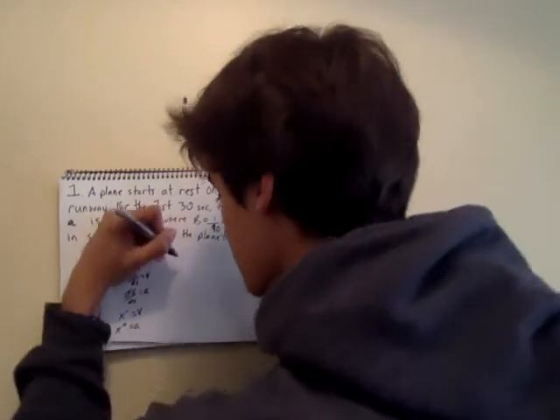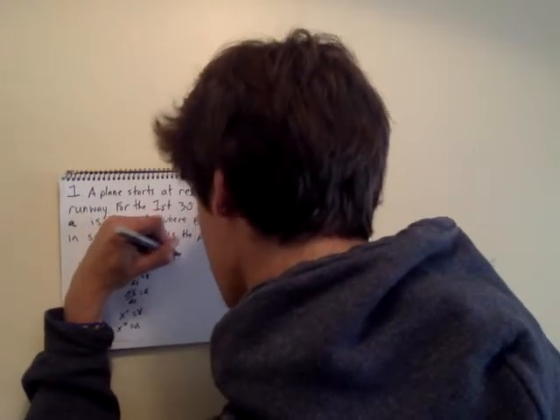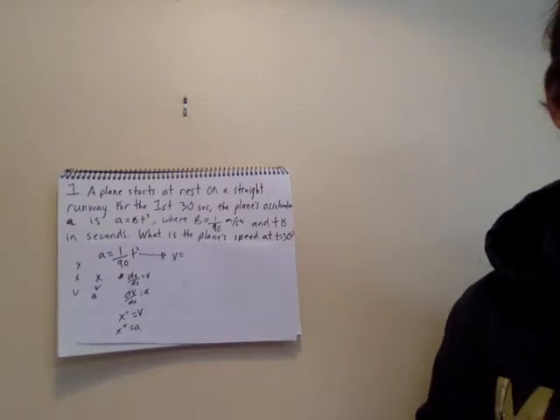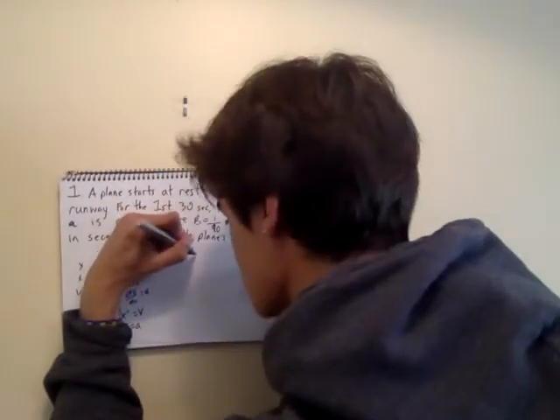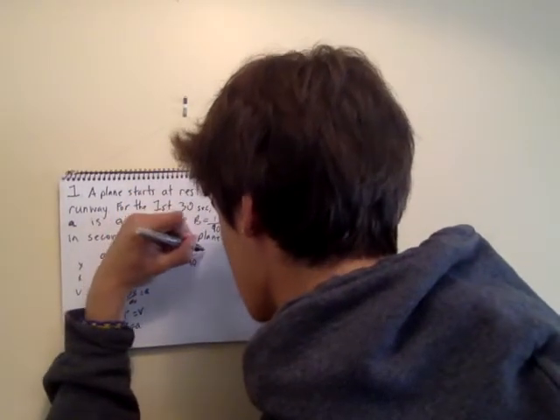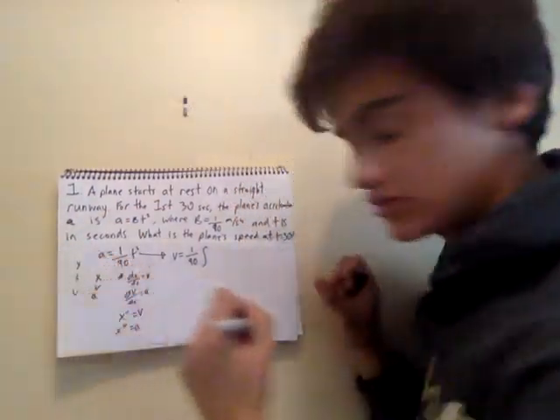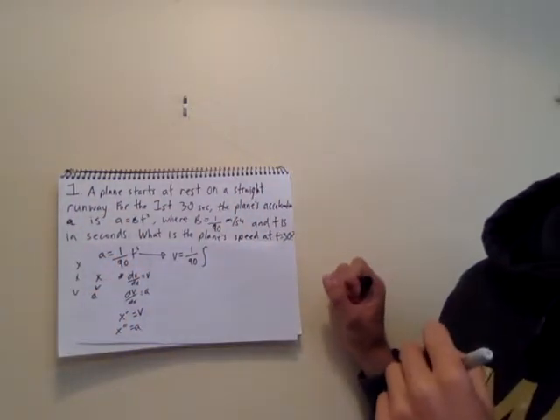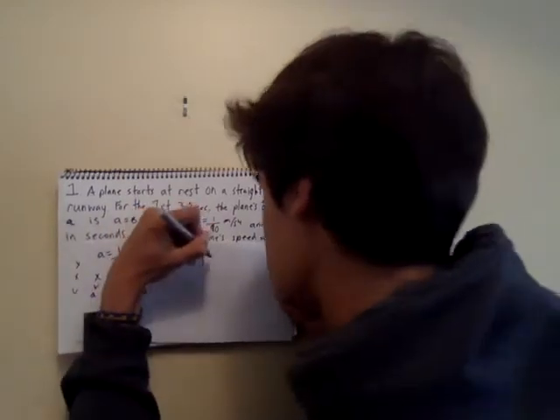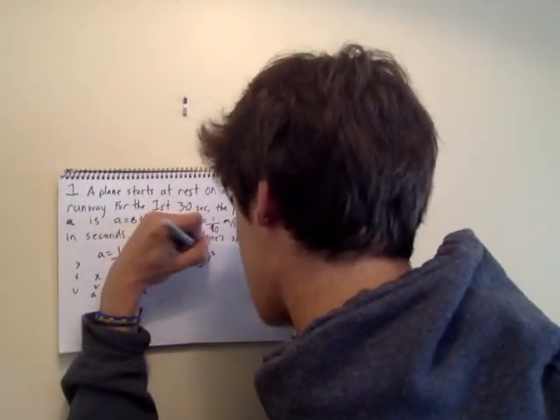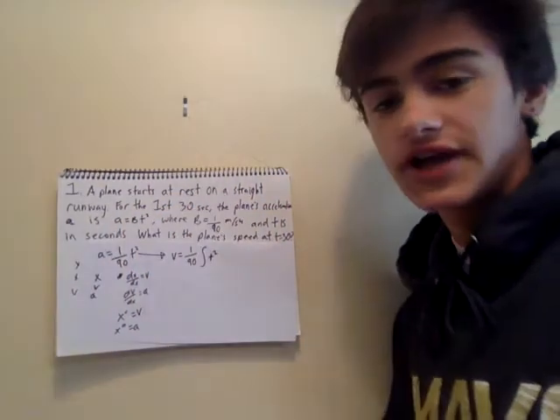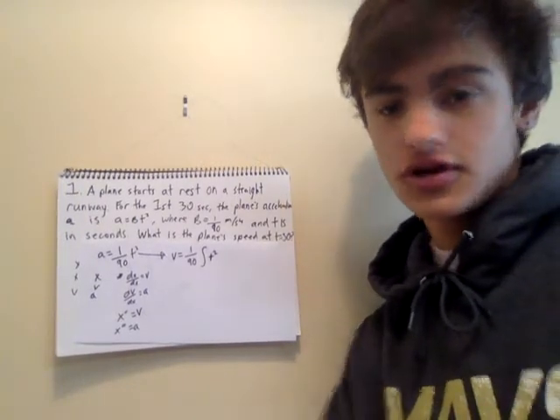Let's write this over here. v is equal to 1 over 90 times the integral of t squared. Now we're going to have to define the bounds on this integral.